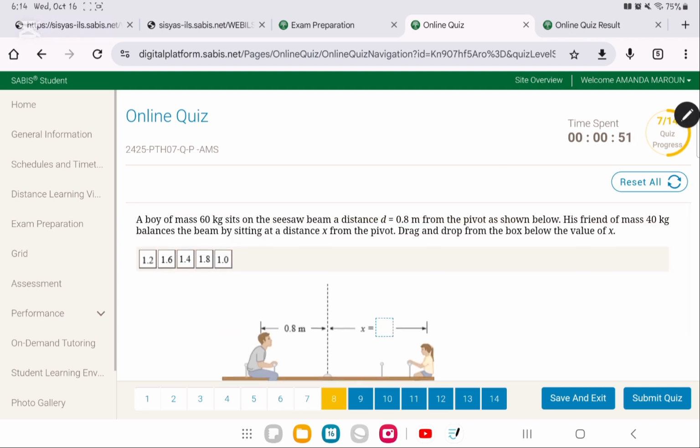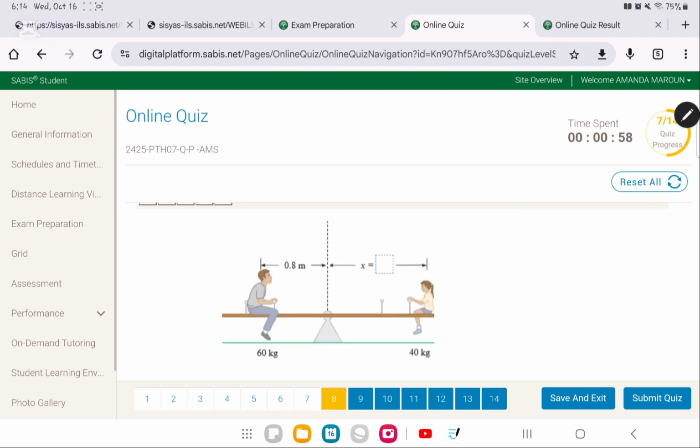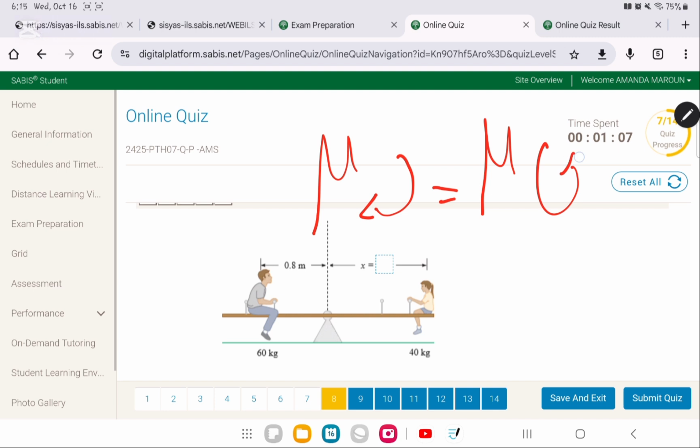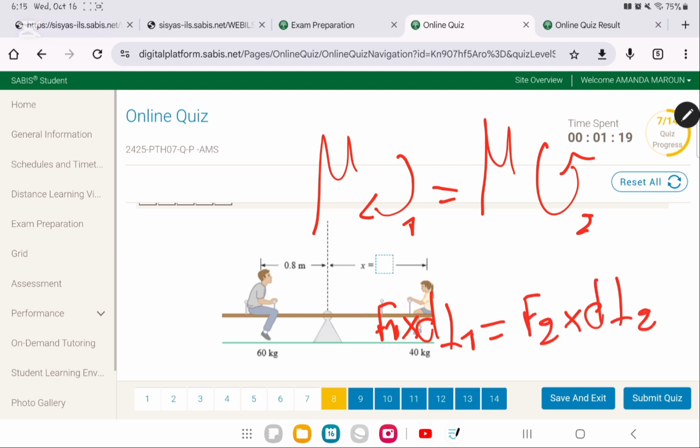We said if it is balancing, then the moment of clockwise is equal to the moment of counterclockwise. Then again, we said that we will say this is 1, this is 2. So force 1 multiplied by perpendicular distance 1 is equal to force 2 multiplied by perpendicular distance 2.